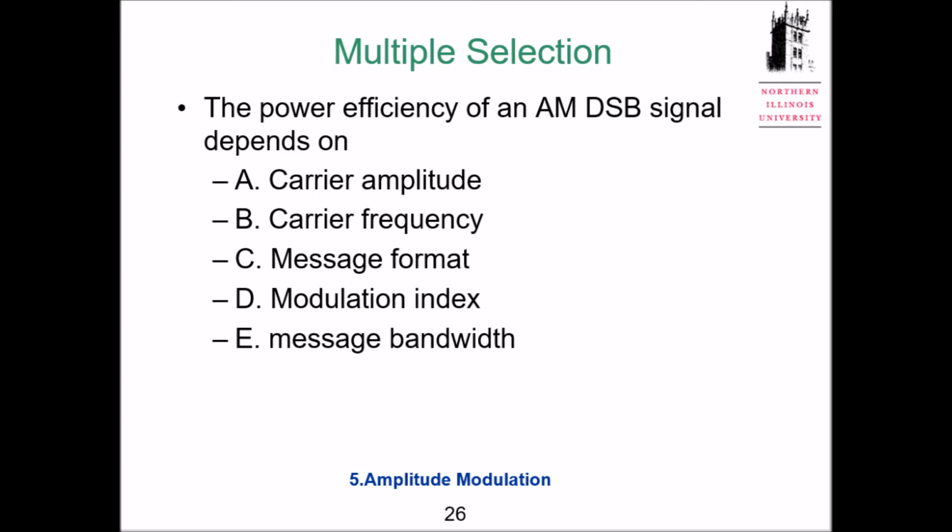A is not there, so it doesn't matter. A will be cancelled. How about carrier frequency omega C? No. How about message format? What is my signal: triangle wave, square wave, sinusoid, or speech? That really does matter. So M and f(t), the real form of your message. So C and D will be the answers.